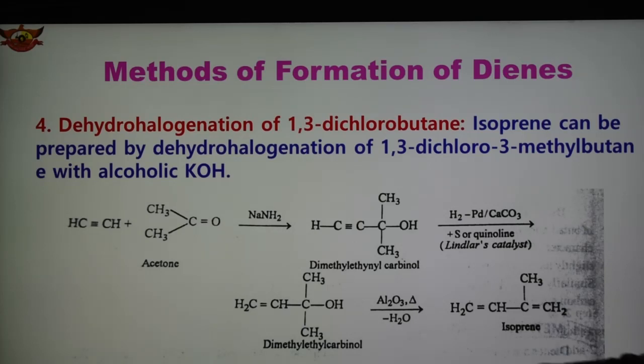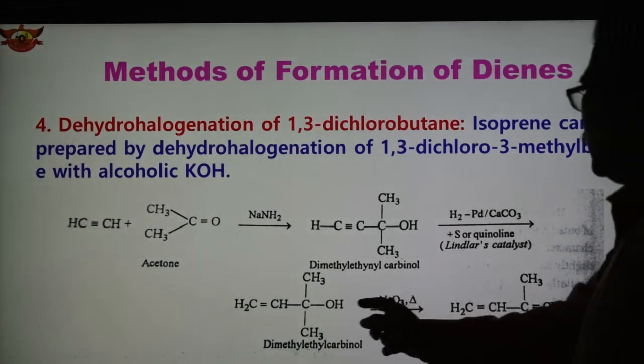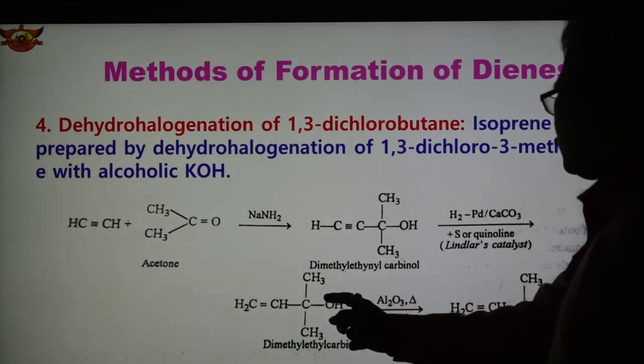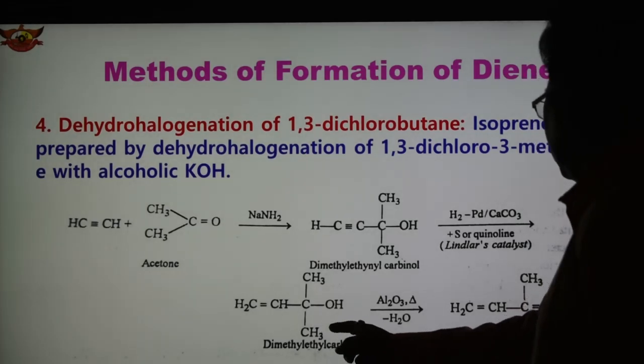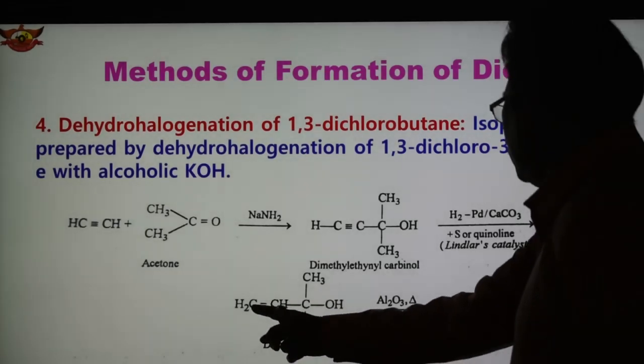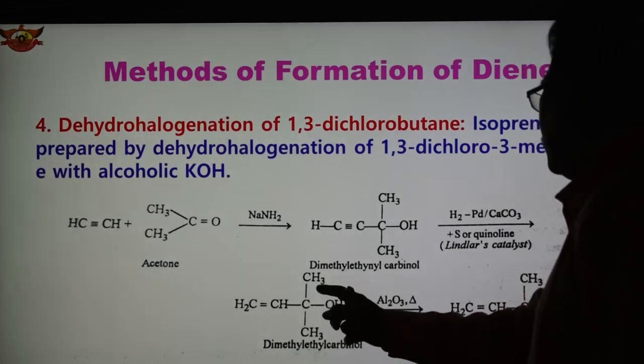After that, there is removal of a water molecule in the presence of Al2O3. Water is removed, OH from this and H from this. So this is the compound CH2=CH, C=CH2 and the methyl group as it is.